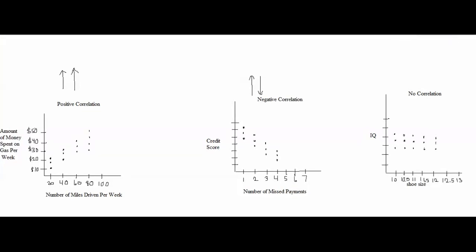I wanted to talk a little bit about the definition of a correlation. Correlation is a relationship between two quantitative variables. That's the definition you'll usually hear for a correlation.